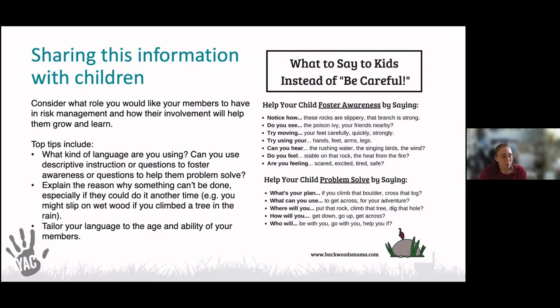So I remember I was working with a nursery group once, and we were doing forest school, and this was 3 and 4-year-olds, and we had an entire conversation one week about why we couldn't climb a tree because it had been raining really heavily overnight and the wood was wet and slippery, and what might happen.